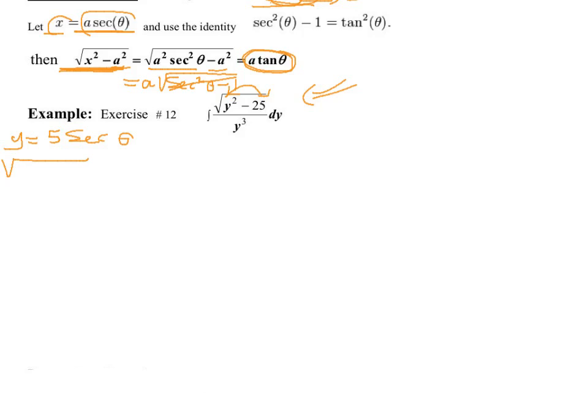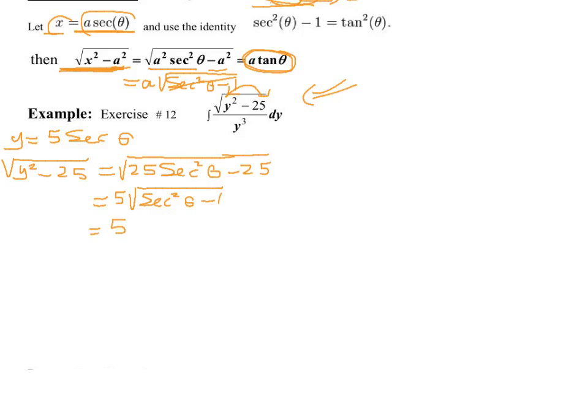So the root of y squared minus 25, y squared will be 25 secant squared theta minus 25, which is equal to the root of 25 as a common factor, outside the root as 5, and this is secant squared theta minus 1, which is equal to 5. Secant squared theta minus 1 is tan squared, and the root of tan squared is tan. So the root is equal to a tan theta, like we said here.